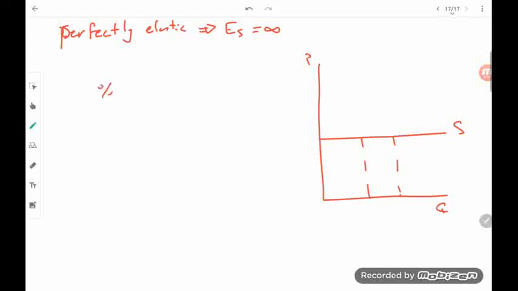So percentage change in P will be 0, while percentage change in QS will be a number divided by 0, which is infinity.